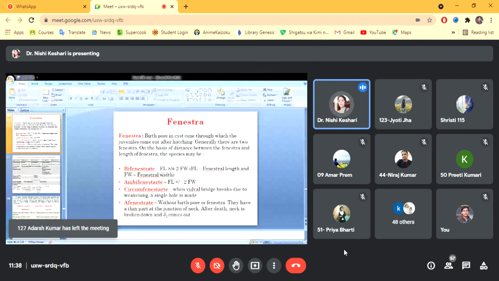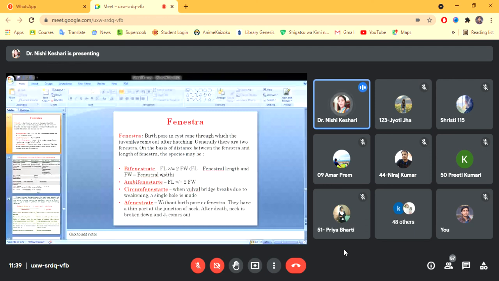On the posterior part, because cyst nematodes are host specific, whenever they find their host, their eggs hatch and the juveniles come out. From which part do the juveniles come out? Through the cyst cone. This is the fenestra. Fenestra means birth opening.